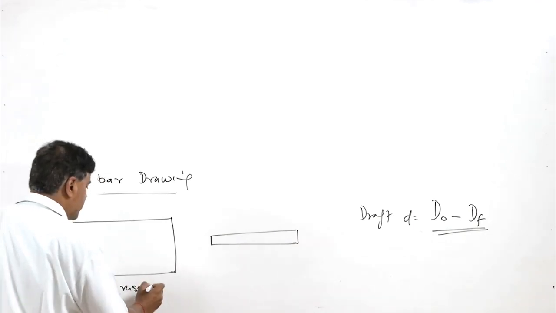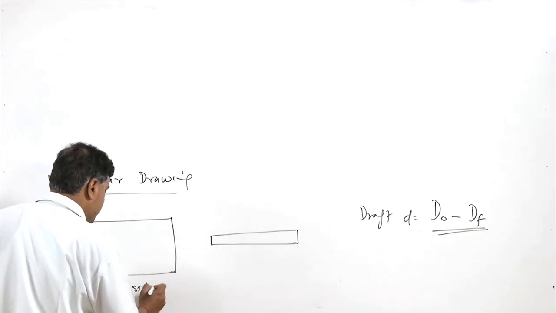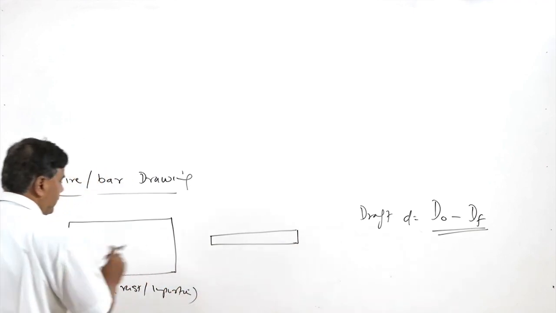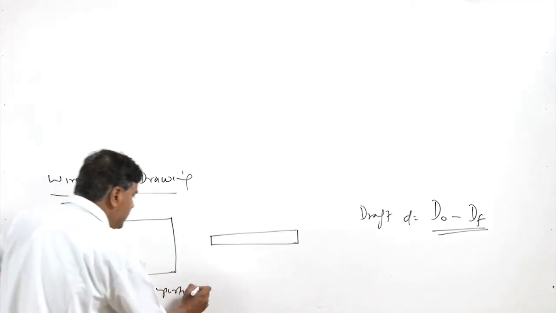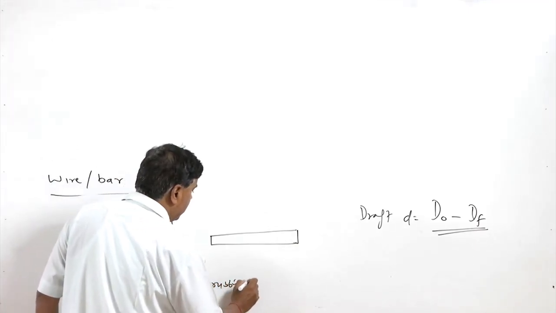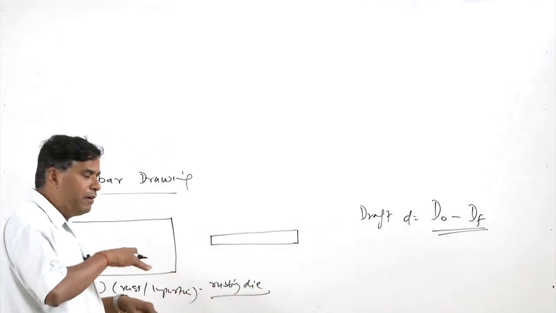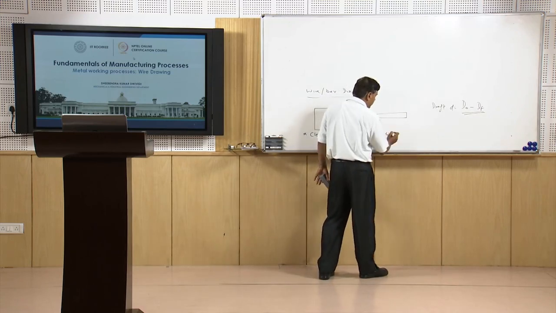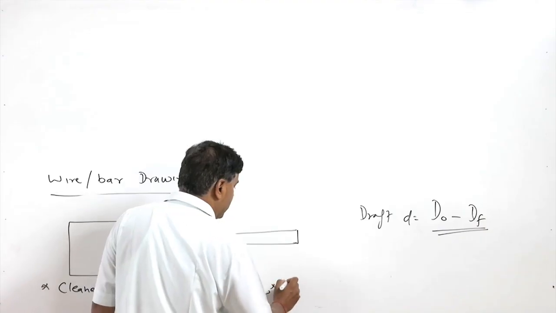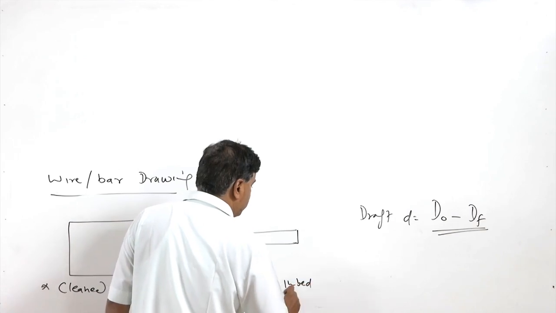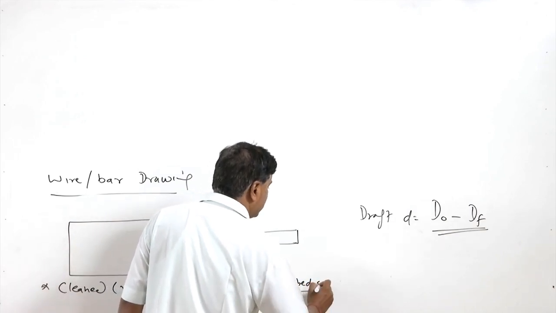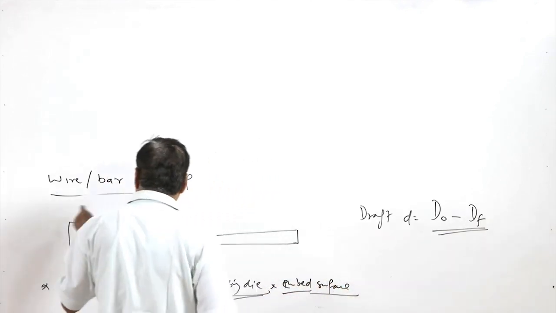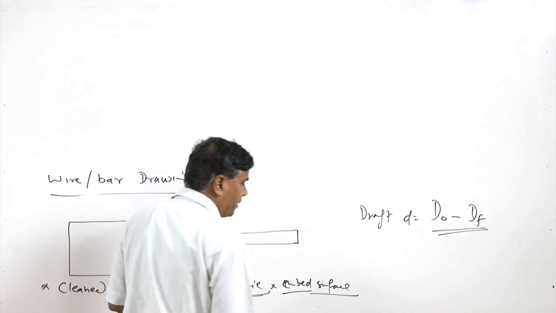or other impurities present on the surface of the wire which is to be drawn, and these will be rubbing with the die surface. These will cause roughening of the die or wear of the die, and another thing, these will get embedded in the surface of the drawn wire, which will lead to increased surface roughness of the wire which is drawn.